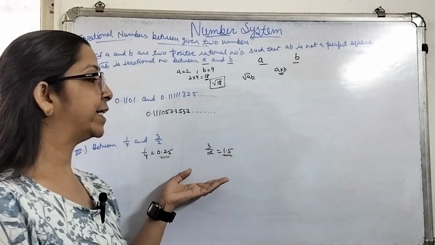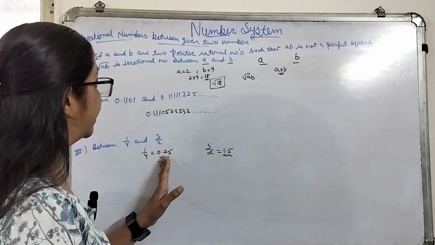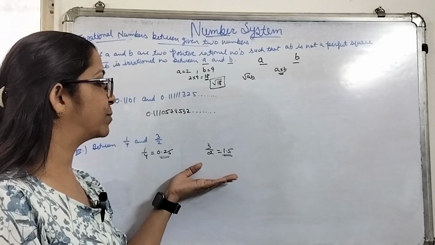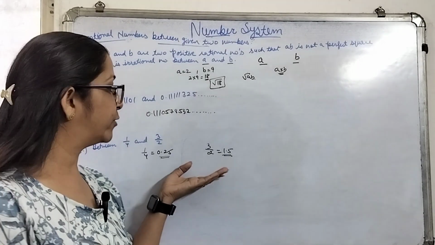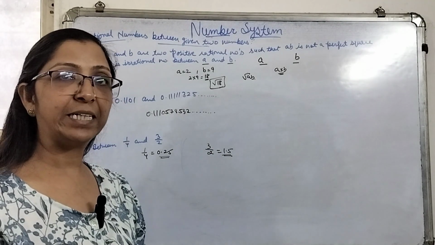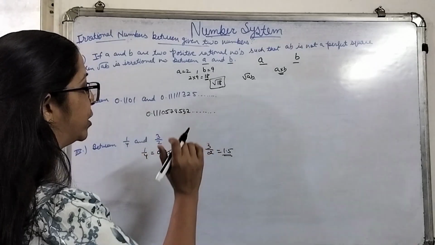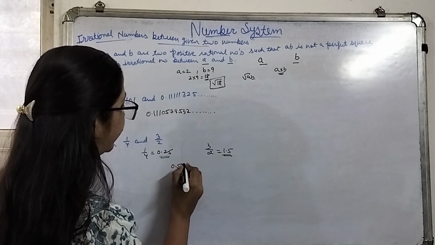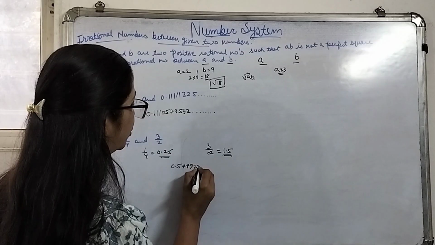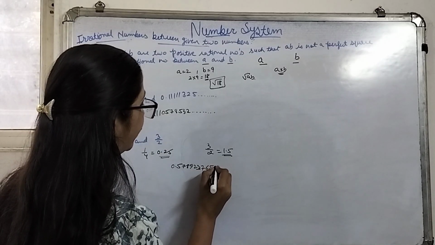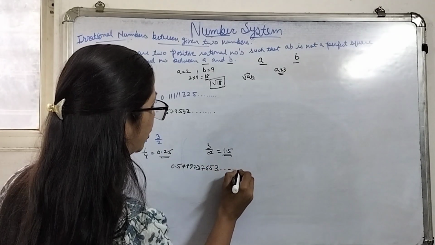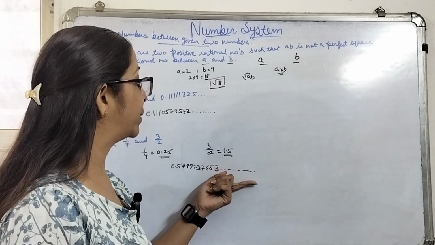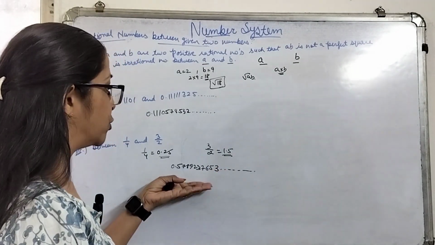Now we have to write an irrational number which is greater than 0.25 and less than 1.5. Its decimal representation will be non-terminating, non-repeating. So we can take 0.5789237653... This is non-terminating, non-repeating, so it is an irrational number.